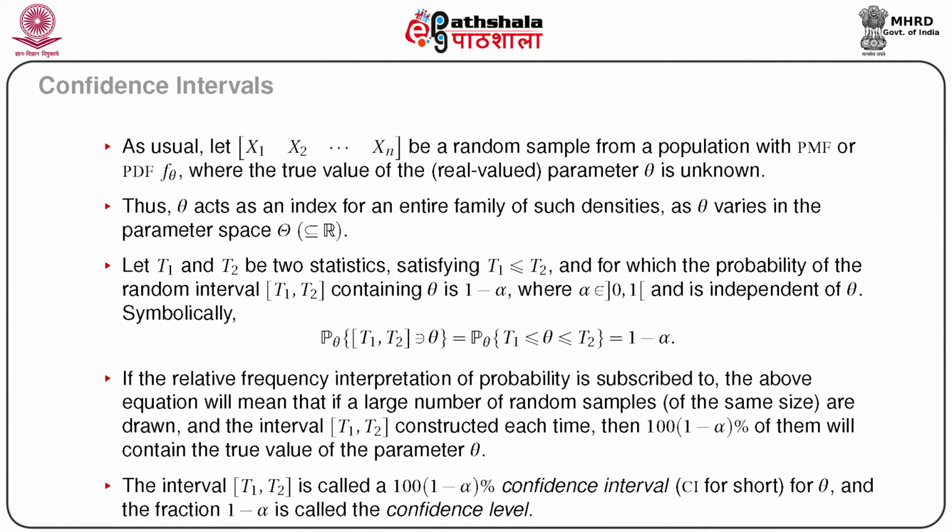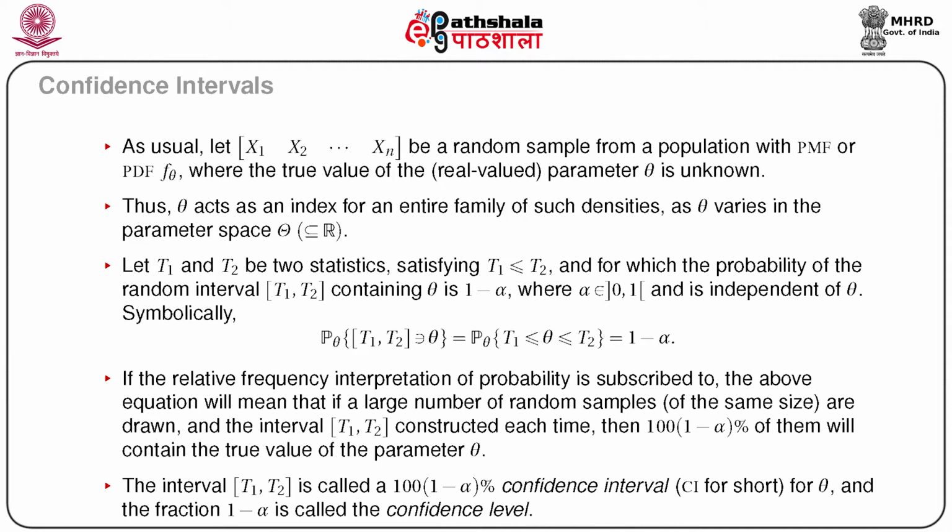Let x1, x2 up to xn be a random sample from a population with PMF or PDF f_theta(x), where theta belongs to Theta, which is a subset of the real line, is the unknown parameter.